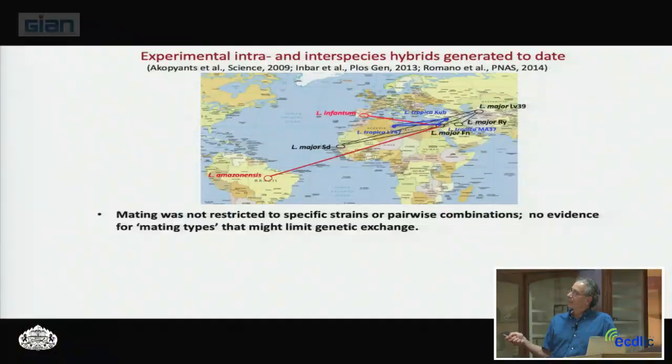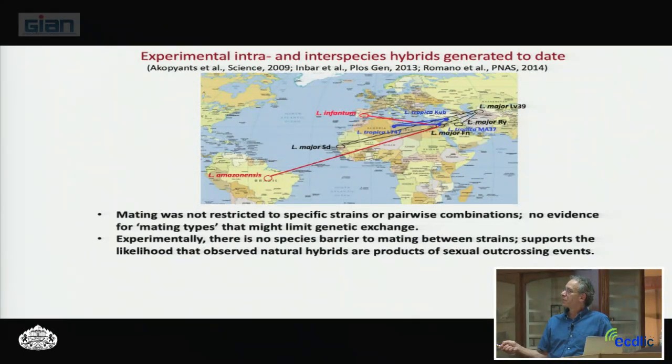In fungi, they're called a and alpha mating types, and they restrict the ability of spores to undergo meiosis. Well, so far we have no evidence that there are mating types. We can just throw different strains together, and at least some of them will have sex.